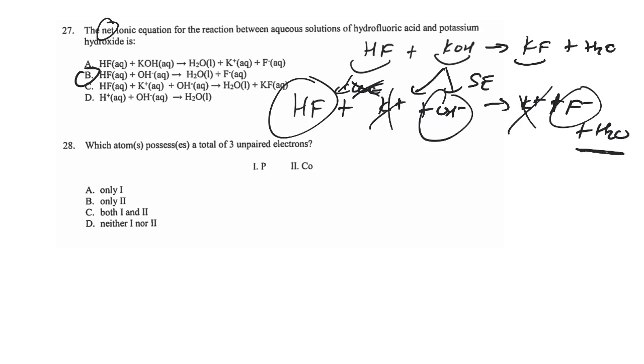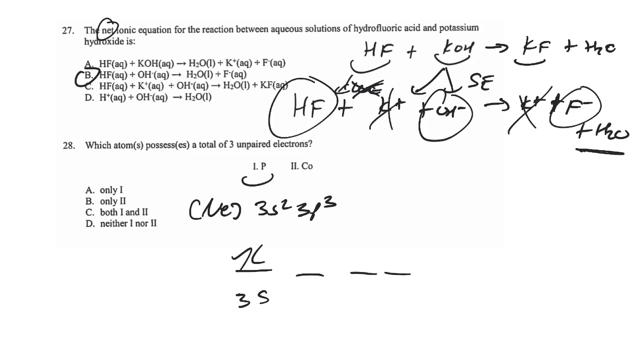Which atom possesses a total of 3 unpaired electrons? Okay, so that's neon configuration, 3s2, 3p3, so the 2 electrons in the 3s are paired, and the 3p has 3 unpaired electrons. So definitely phosphorus. Now what about cobalt?